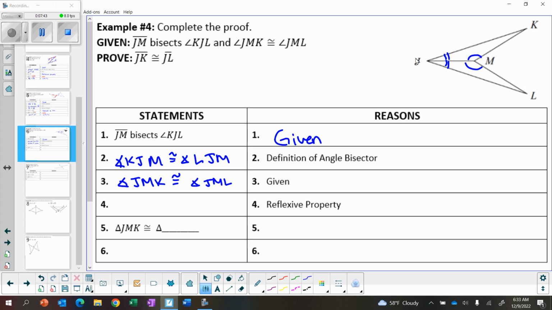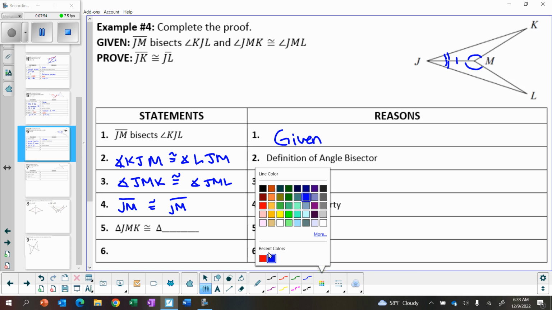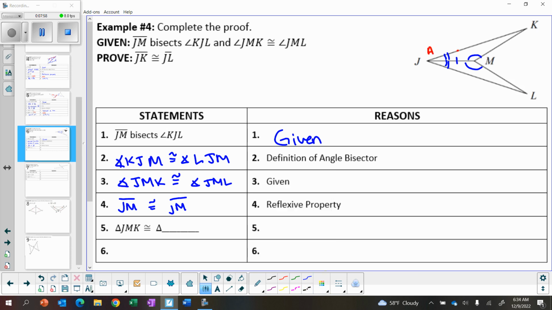And then using the reflexive property, I have JM is congruent to JM. So if we look at our picture, we have an angle marked here, a side marked here, an angle marked here. If I connect those two angles, it does go through the side. So we have ASA as our method.